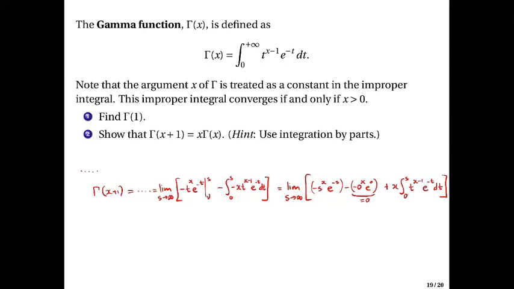So for this, I'll just claim without proof that the limit as s goes to plus infinity of s to the x e to the minus s is equal to 0. I'll just claim it without proof.